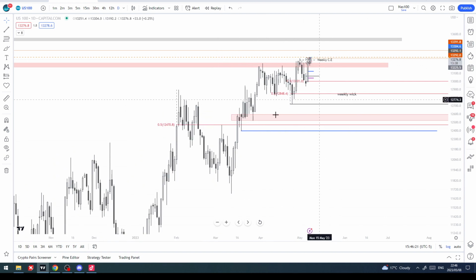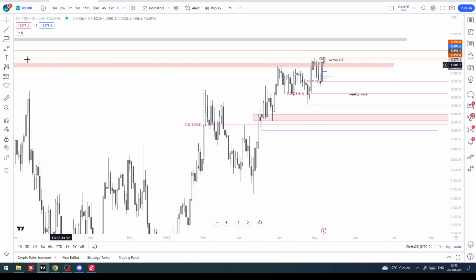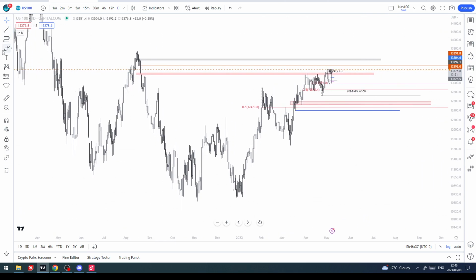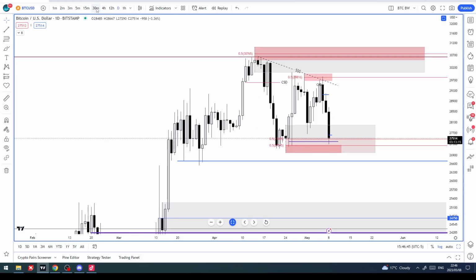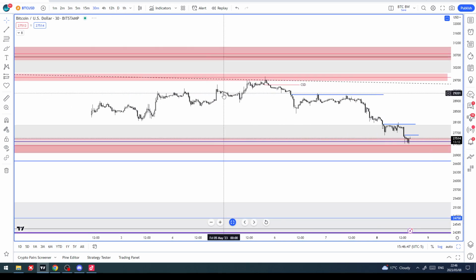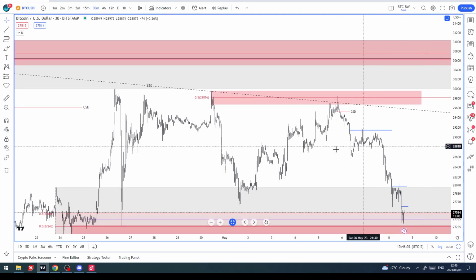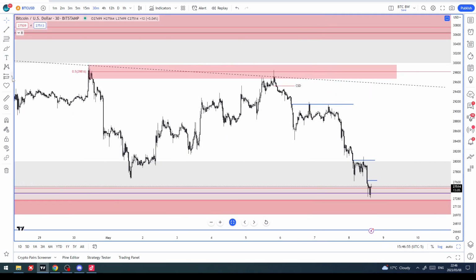We don't know if they want to make it efficient first and then run up, or lowest hanging fruits run up and then make it efficient down there. If you look at the structure on BTC, just like I told you just now, algorithmic delivery, can you see that? But what happens after the algorithmic delivery? Let's go back and have a look. Once objective is met, what happens?